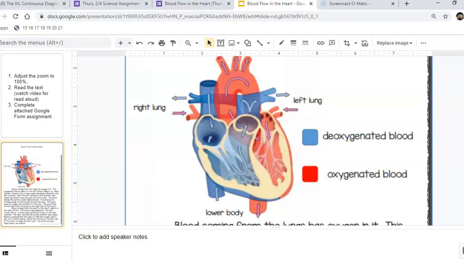So blood that is returning to the heart from the body is deoxygenated. Okay, why is it deoxygenated? Because the cells of our body need oxygen. And so when the blood arrives at those cells in our body, whether it's a brain cell, a cell at the tip of your right pinky finger, wherever the cells are, liver, kidney, bladder, doesn't matter, those cells need oxygen.